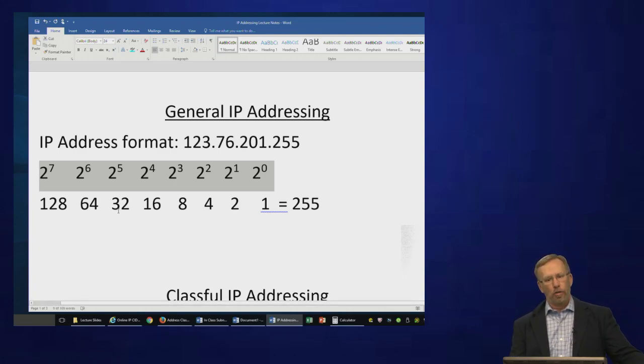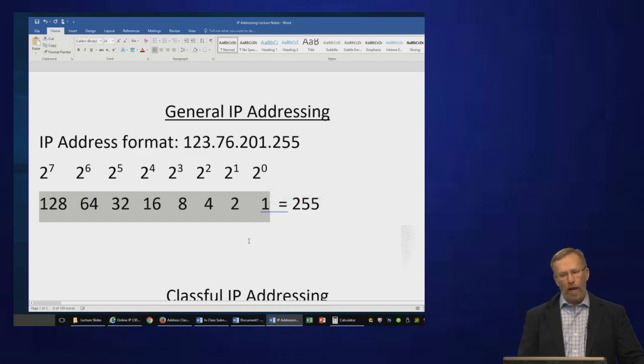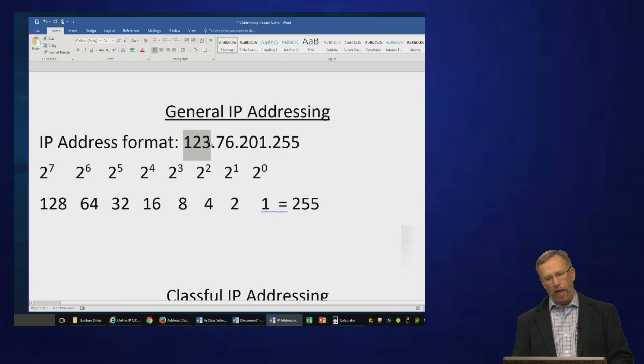And we have the numeric values of each of those powers of 2 here, and if you add them all together, they come up to 255, which is why the maximum number you can have in any dotted decimal section of an IP address is 255. You can never go over that.